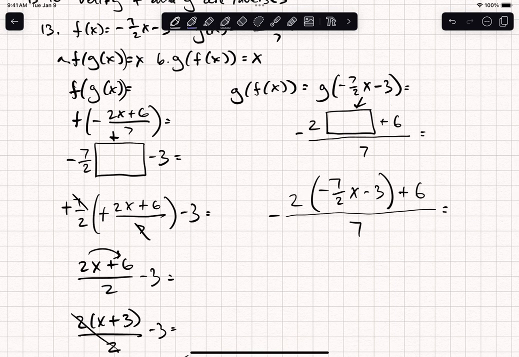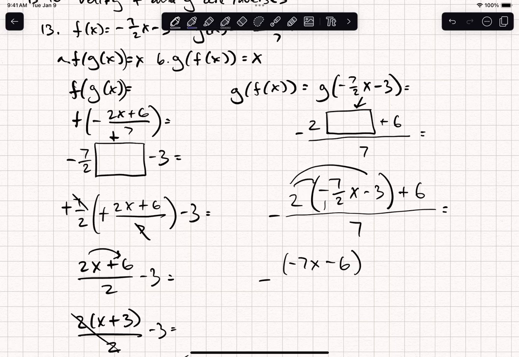I think first I'm going to distribute my 2. 2 over 2 cancels. 2 times 3 is 6.